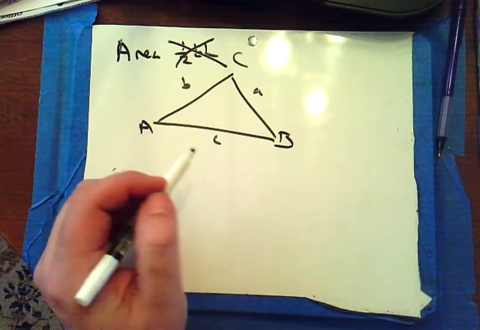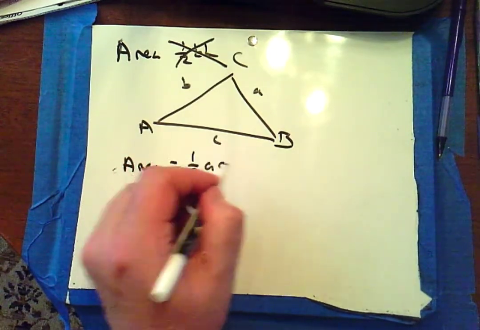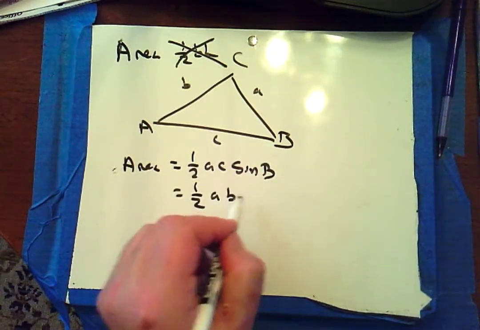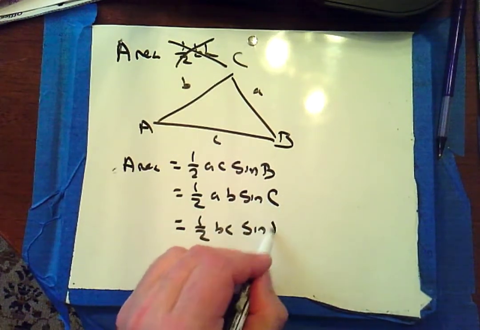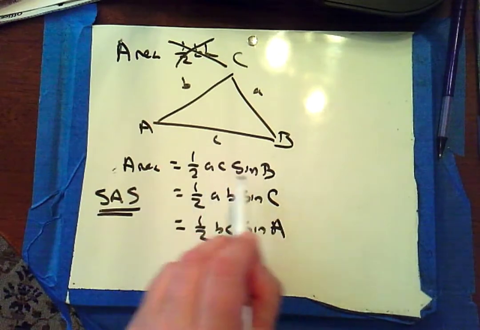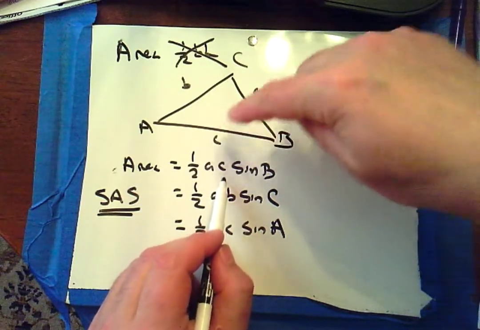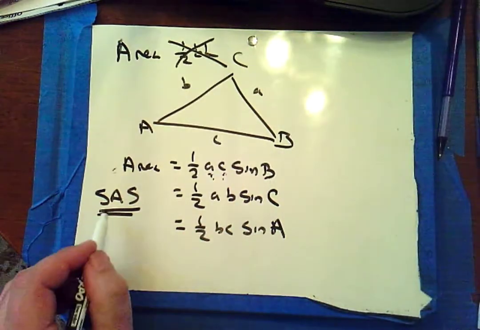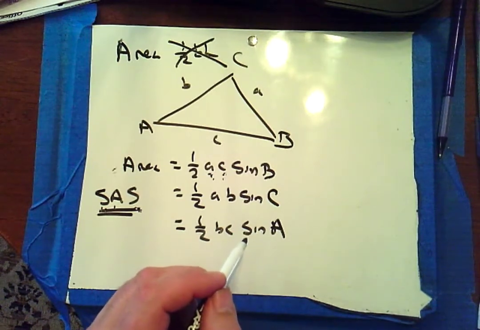Well, in this situation, we said then that area would be 1/2 AC sine b, or 1/2 AB sine c, or 1/2 BC sine A. This is called the side angle side approach for finding area, because there's a side and an angle and a side, and it's the angle that's in between the two sides.